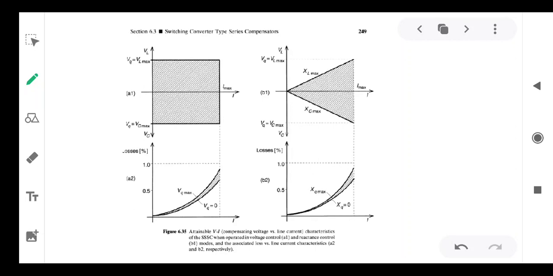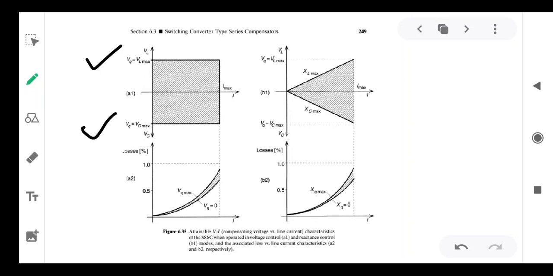Now if you look at the characteristics, that is the VI characteristics of the SSC. VL max is the voltage limit on the lagging side.